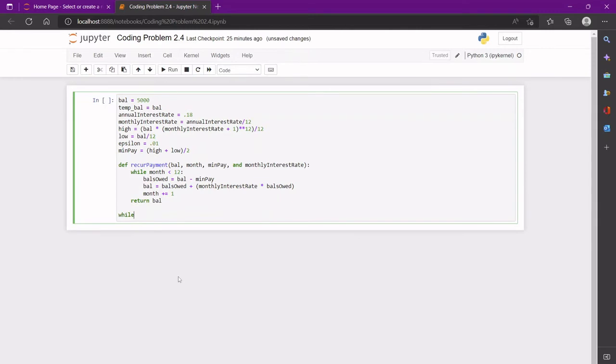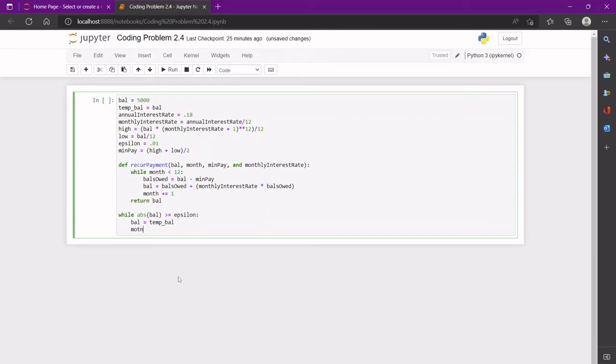All right, so now while the absolute value of balance is greater than or equal to epsilon, our balance is going to equal our temp balance, month equals 0, and our balance from our recursion method, copy, paste.